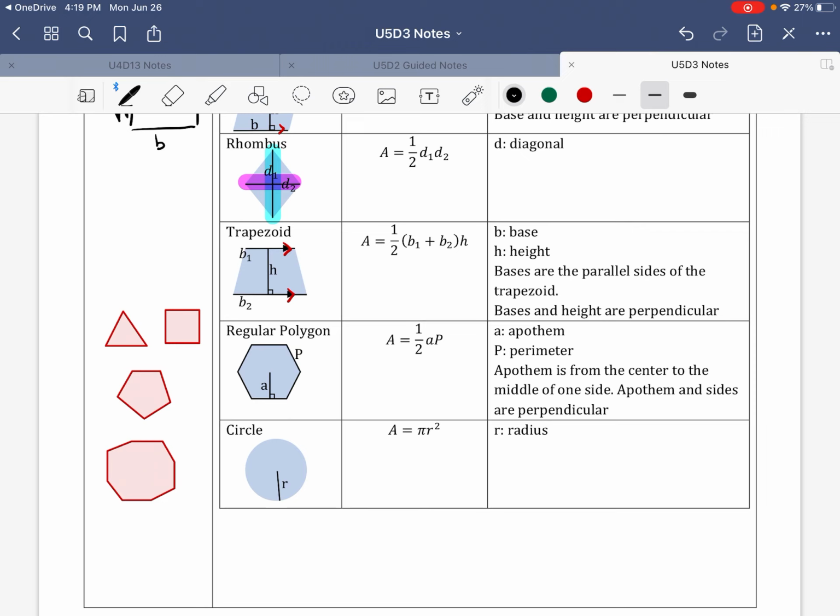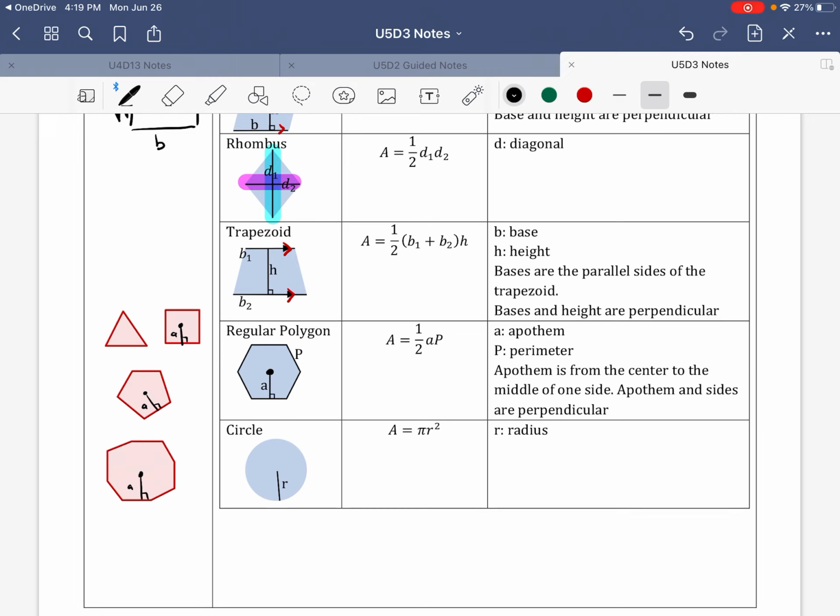Now the A represents a unique measure called the apothem. The apothem starts from the center of the figure and meets one of the sides at a 90-degree angle, right? So the apothem for a square would be right here. For this pentagon would be right here. For this octagon would be right here. It meets each of those sides at a 90-degree angle.